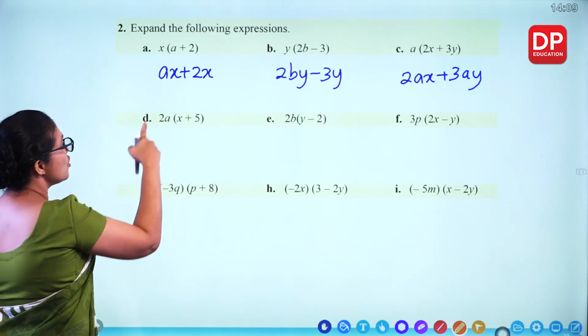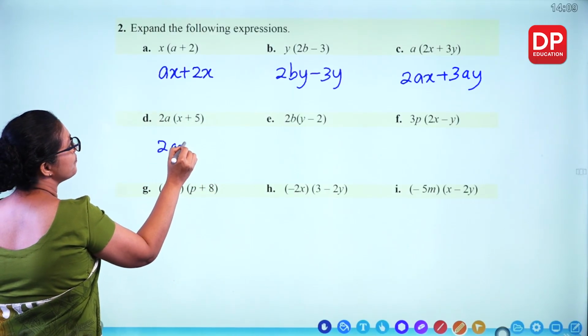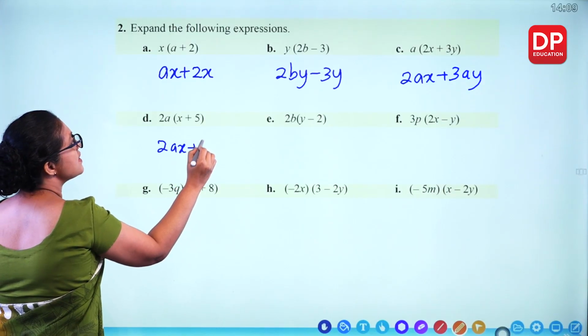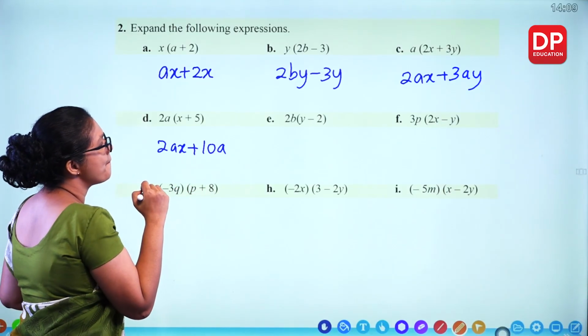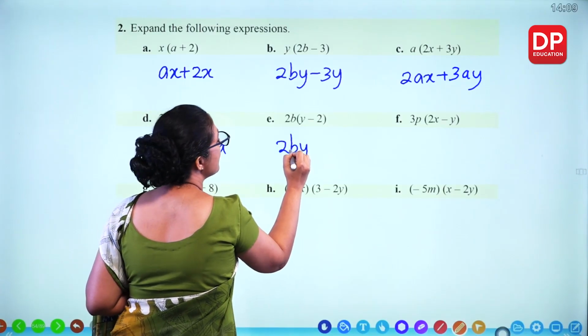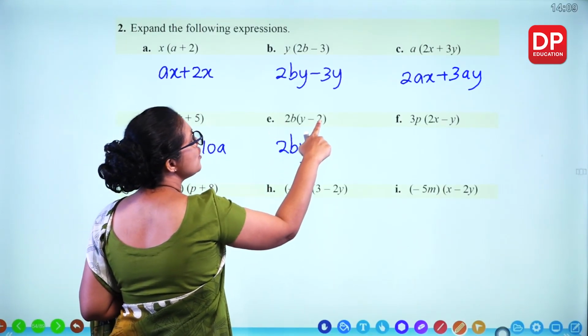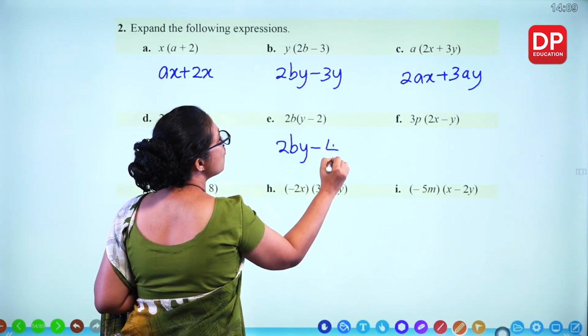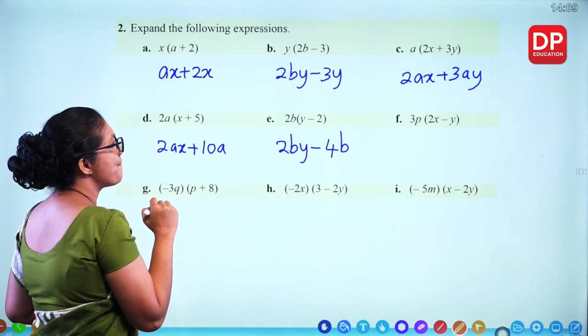Here, this one, 2AX. 2A into 5, 10A. 2BY. And then 2B into minus 2, minus 4B.